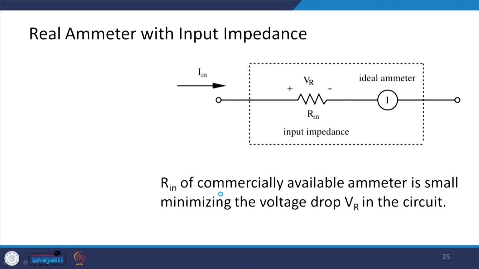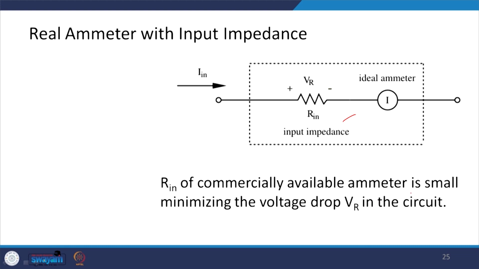Similarly, the real ammeter with input impedance. So, we can see that the real ammeter is here, and R in of this commercially available real ammeter is small, minimizing the voltage drop VR in the circuit. Okay.